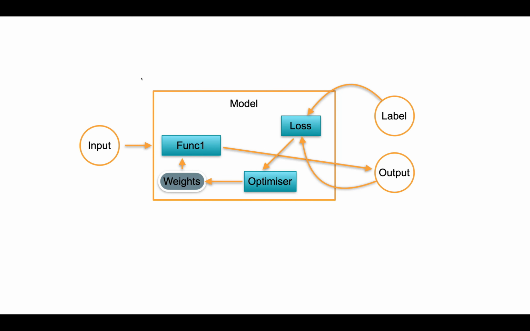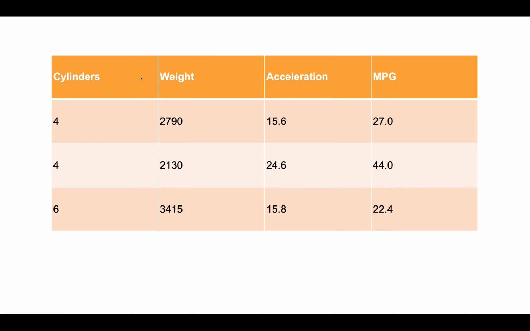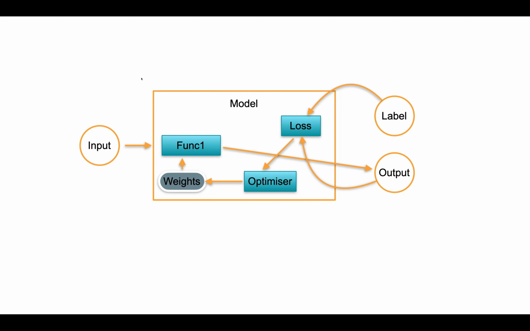All right, so if we try to put this into the perspective of our problem, the input will be this information, and the label will be the mpg. This information will be passed as input to the function. Then some random weights get applied to that input and produce an output.